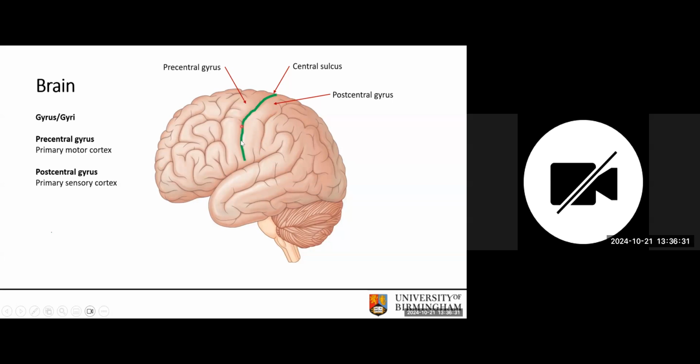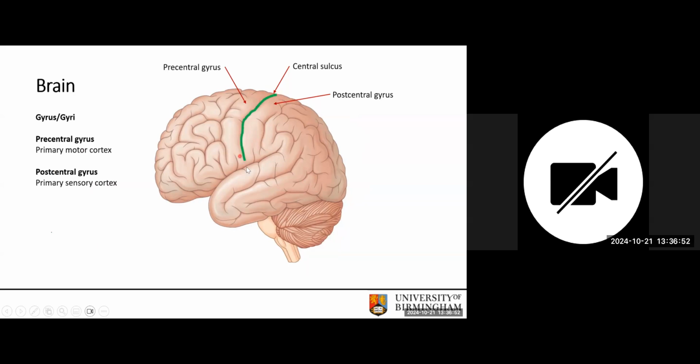This one as well here. Whereas these bumps in the road, those are called gyrus. Sorry, I was moving the board. So this is the main one, the main sulcus.